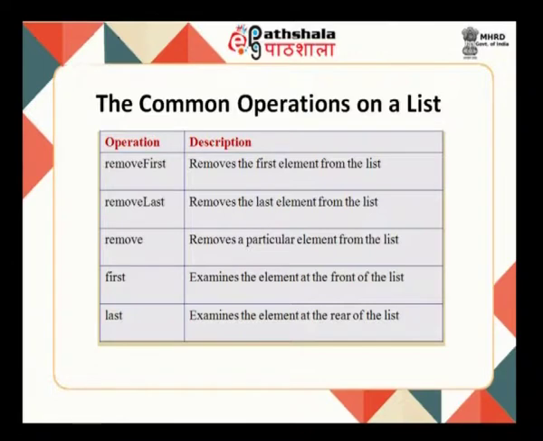Remove first removes the first element from the list, remove last will remove the last element from the list, and remove gives a particular element, that is if you say 20 it will remove the element 20. First we will examine what is the first element in the list, last we will examine what is the last element in the list, and contains determines if a particular element is contained in the list at all.